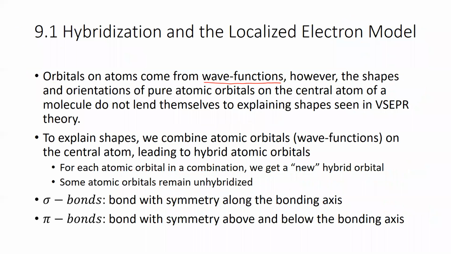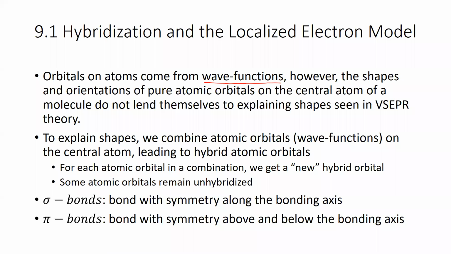And remembering that those orbitals come from these wave functions, which are models for where those electrons exist around an atom, we're going to utilize these wave functions to help us model these three-dimensional molecules. But the wave functions for the pure atomic orbitals of hydrogen don't always help us as much as we'd like them to, because of their orientations in space and their shapes.